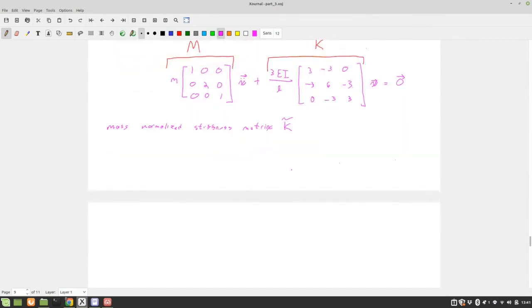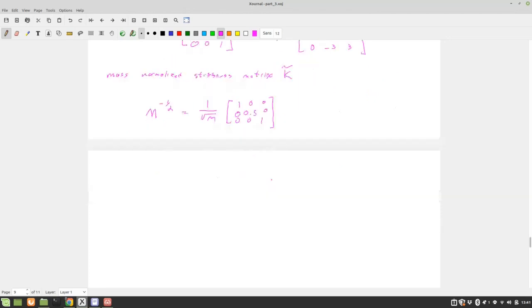So the first step here is to get M to the negative 1/2, which is equal to 1 over the square root of M. 1 to the negative 1/2 is 1, 0.5 for the middle entry, 1, and then a bunch of other zeros. That's a 0, not a 6. That sound good? Anyone have an issue so far?